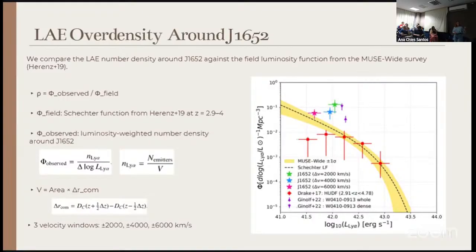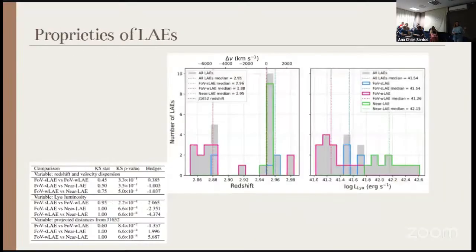And we also make 3 bins of velocity offset window. We can take the galaxies within 2,000 kilometers per second, within 4,000 kilometers per second, and Lyman-α emitters within 6,000 kilometers per second. So you have different volumes of the sky to compare this Lyman-α overdensity in this region.